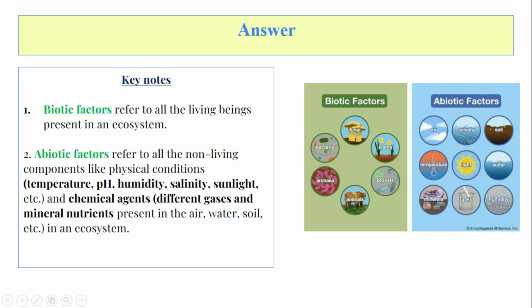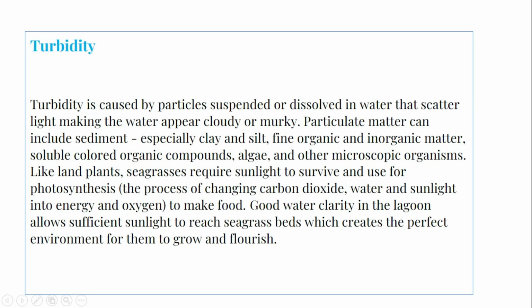So the biotic factors are living things, and the abiotic factors are non-living things, and of course they affect the growth and survival of the living things. So these are some other examples. Alright, so what do we have? Turbidity.